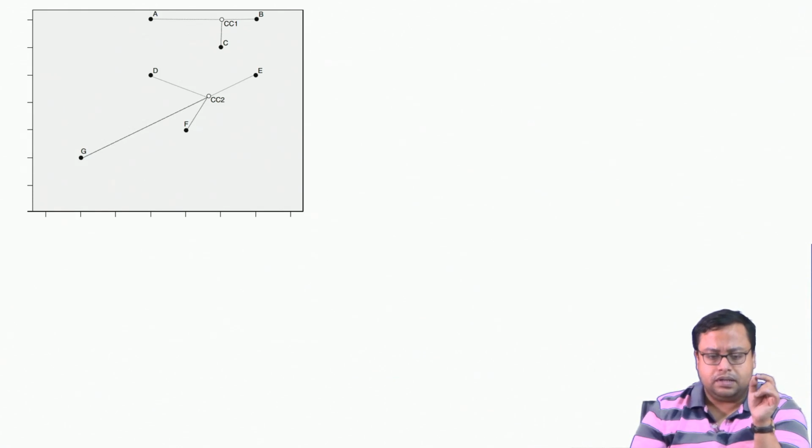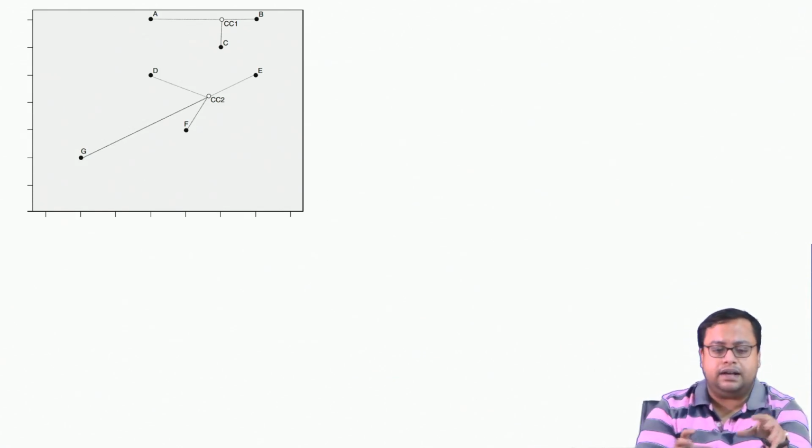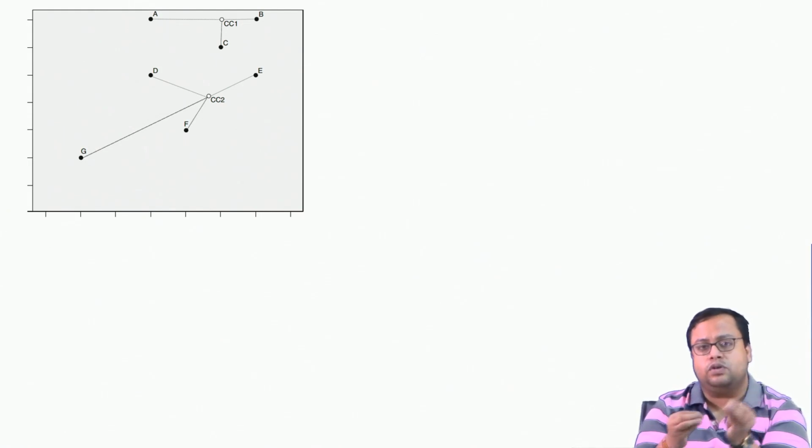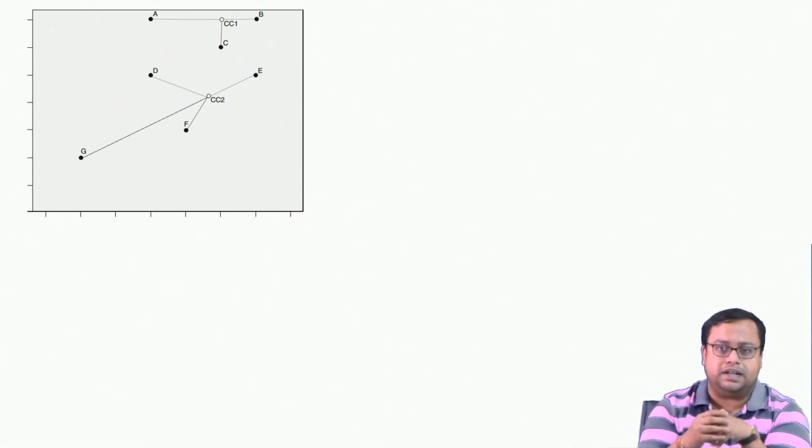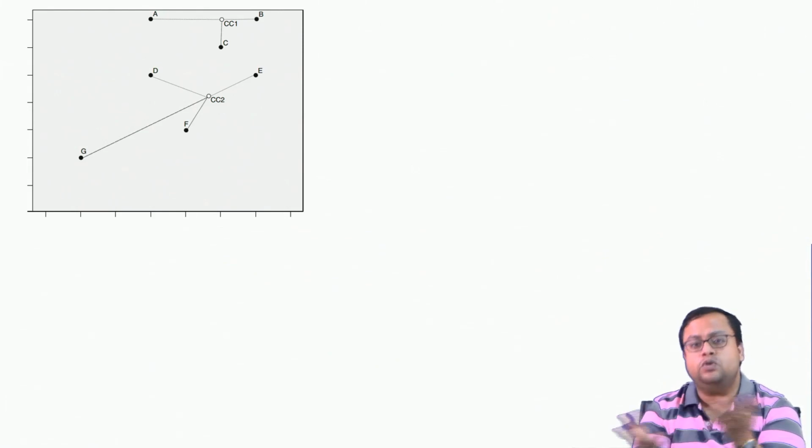So, what we do? I have positioned CC1 and CC2, 2 means. A, B and C were closer to CC1 than CC2, so I put them in cluster 1, and the rest, D, E, F, G, are closer to CC2 than CC1, so I put them in cluster 2. But who says that this is right? We have to check how stable these clusters are.